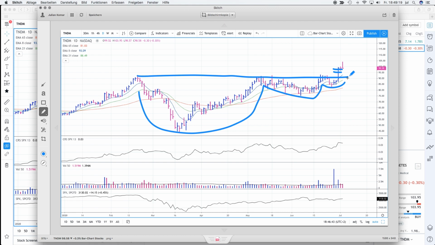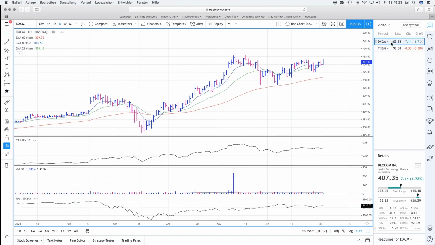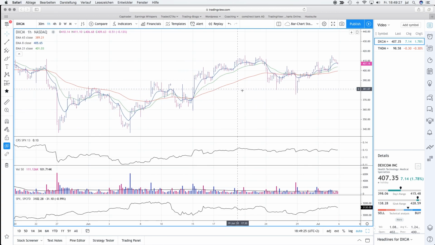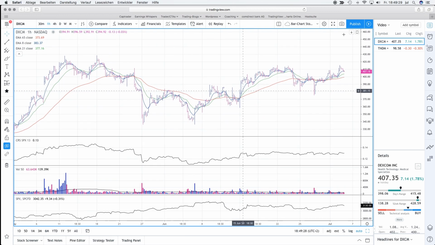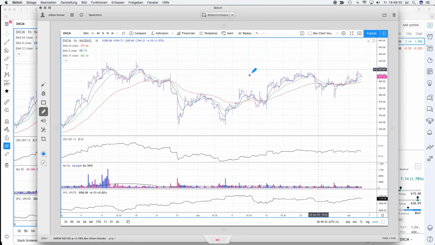Another thing I want to show you is I'm using also the 1 hour chart if I enter a stock. The benefit of the 1 hour chart is that you have more information.